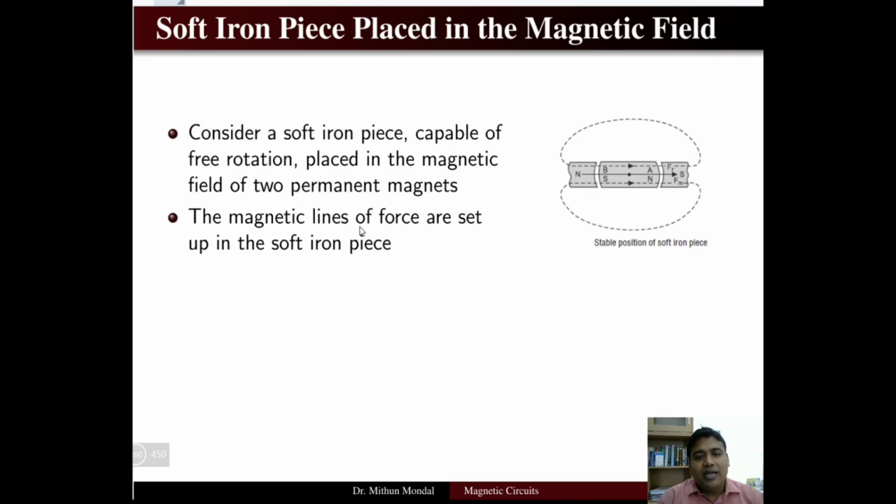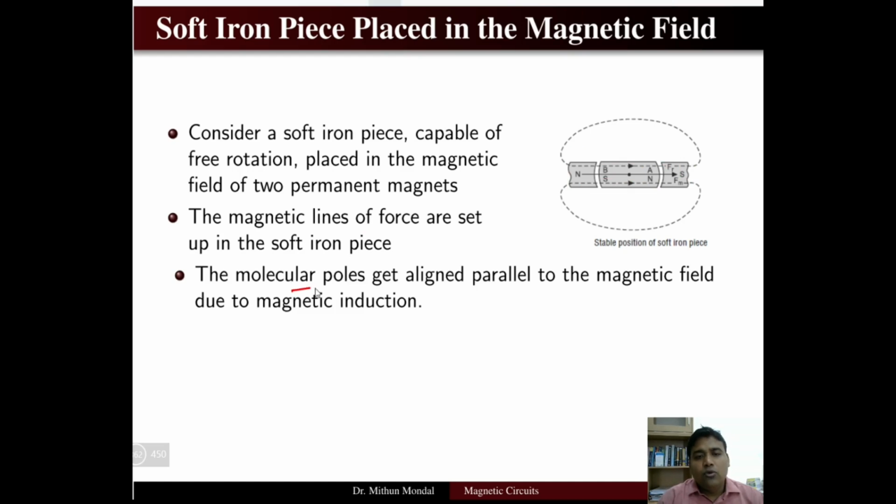Now the magnetic lines of force are set up in the soft iron piece. Due to the presence of the permanent magnet, the magnetic lines of force will be established in the soft iron piece.